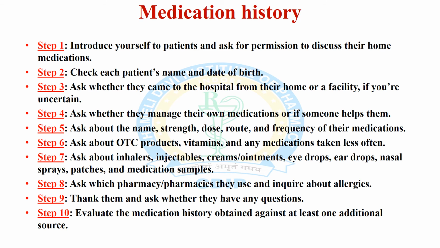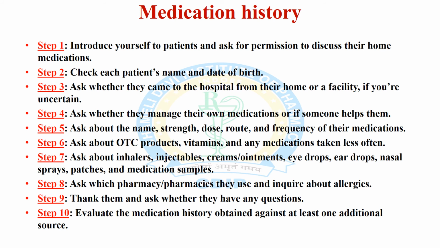whether they manage their own medications or if someone helps them. And they ask about the name, strength, dose, route, and frequency of their medications. They also ask about OTC products, vitamins, and any medications taken less often. Also ask about inhalers, injectables, creams or ointments, eye drops, ear drops, nasal sprays, patches, and medication samples.